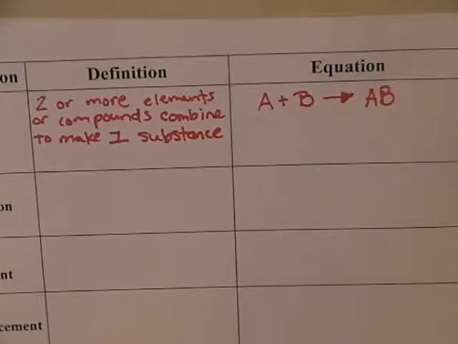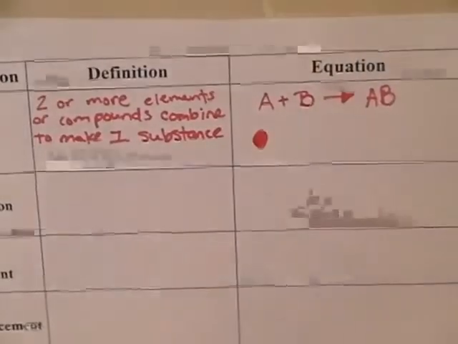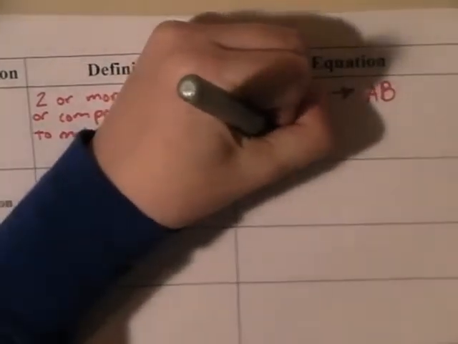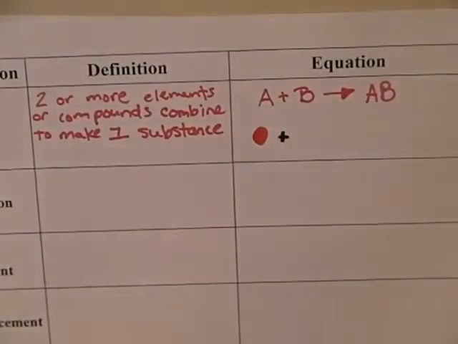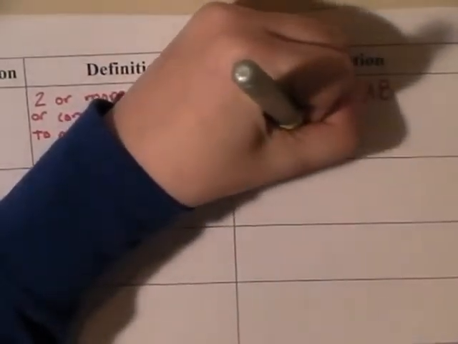Okay, I'm back. So if you are more of a visual kind of person, if you have color pens or highlighters or something, you could also do this. So if we represent the first element as a red dot, I'm going to break out some other colors here, plus, I don't know if you're going to be able to see this or not, the second one as a yellow dot.